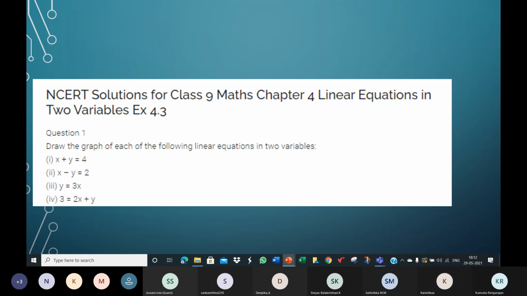Others? Deepika has shared, Sangamitra has shared. Very good. Should we do the first and the third? Yes, correct. First and the third one.